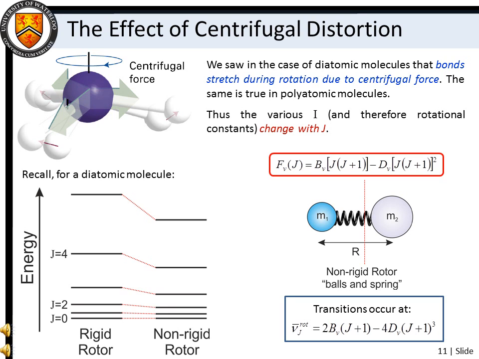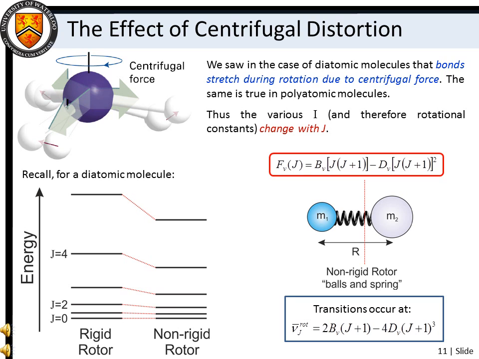For diatomic molecules, we saw that centrifugal distortion results in a stretching of the internuclear bond, thereby effectively reducing the rotational constant and compressing the energy level structure. For polyatomic species, bonds and bond angles are distorted by the centrifugal force associated with molecular rotation. To account for these geometry changes in symmetric tops, 3 centrifugal distortion constants are required.